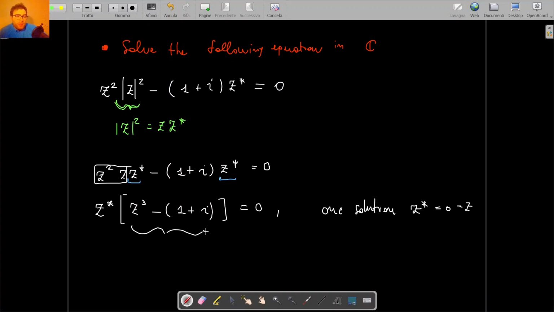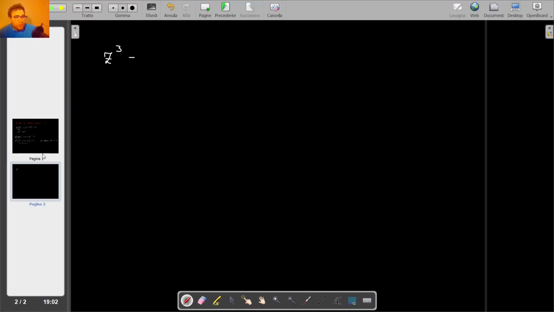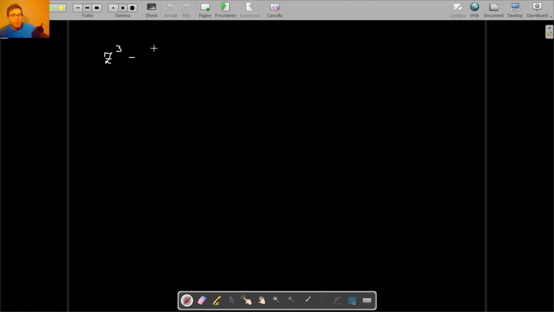The really interesting part is inside the square bracket. Then we have to solve also this other equation. We have z raised to the third power minus 1 plus i is equal to 0.